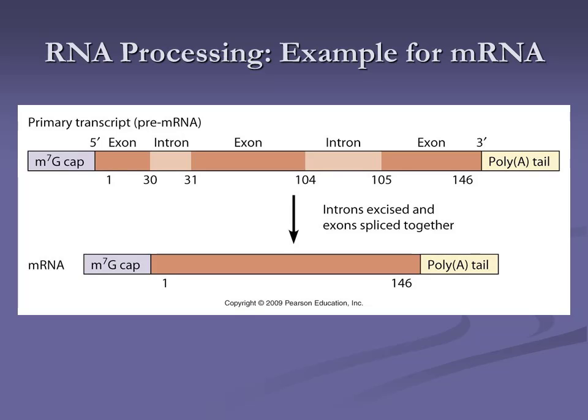So we go through that splicing process. In every location we have the intron, and we get rid of them. And so what we have is our final mature, ready to be translated piece of messenger RNA.